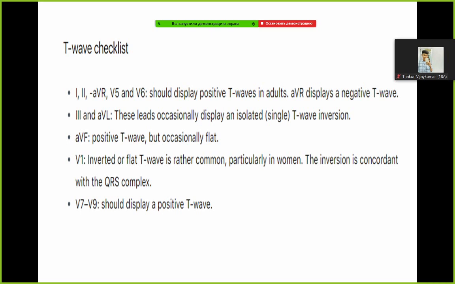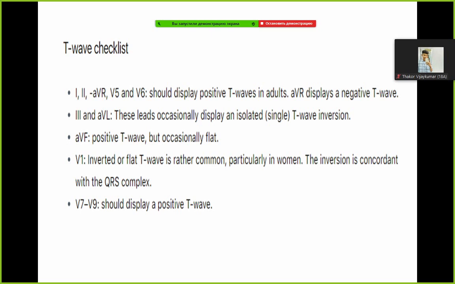The amplitude diminishes with increasing age. The T wave is normally slightly asymmetric since its downslope, the second half, is steeper than its upslope, the first half. Women have a more symmetrical T wave, a more distinct transition from ST segment to T wave, and lower T wave amplitude.